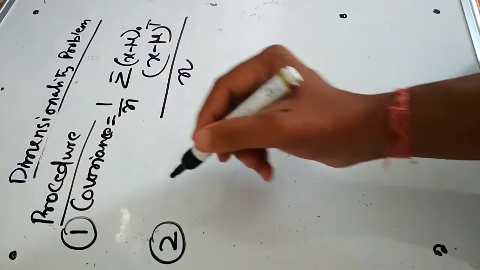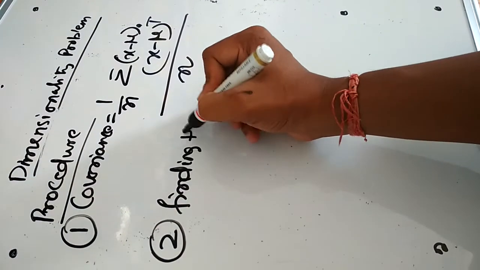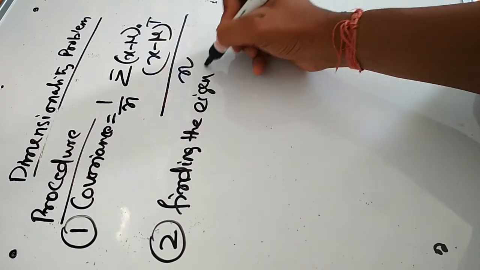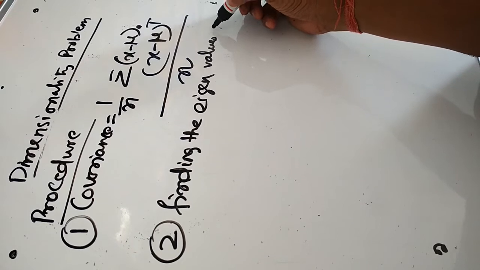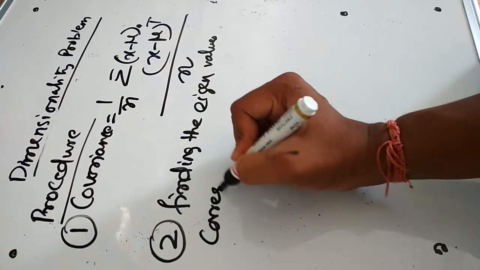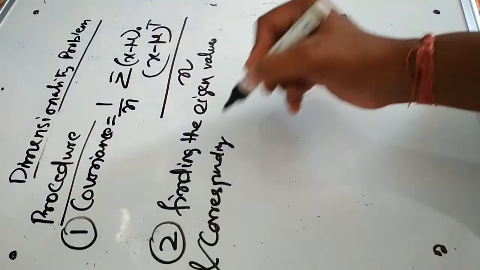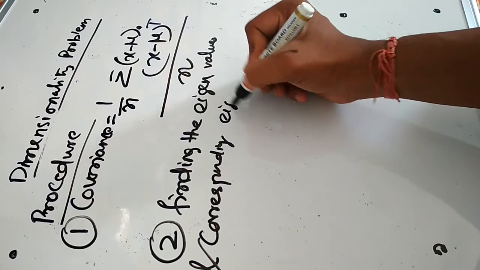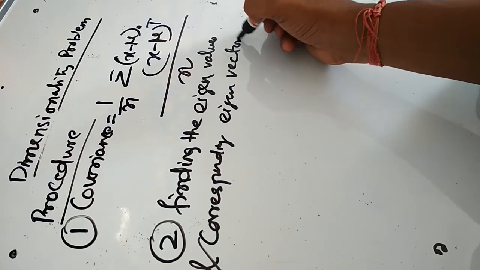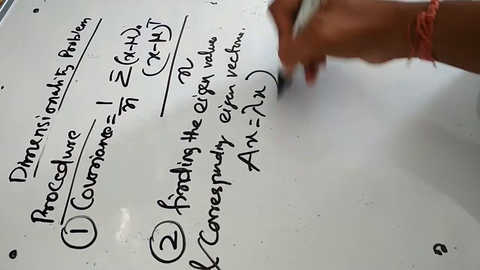The second step is finding the eigenvalues and corresponding eigenvectors, that is Ax = λx.